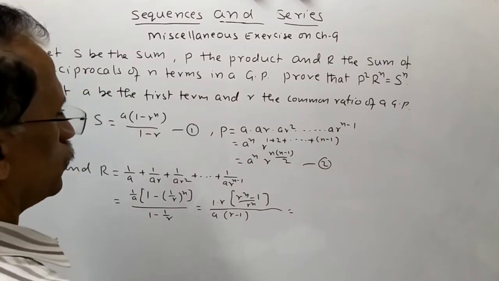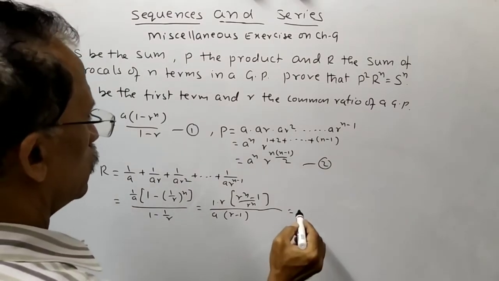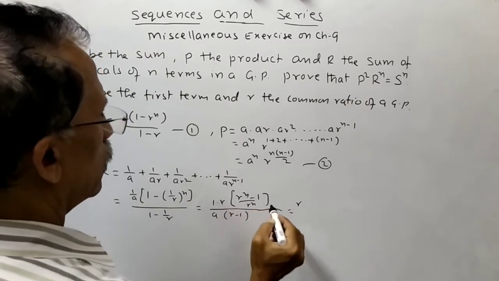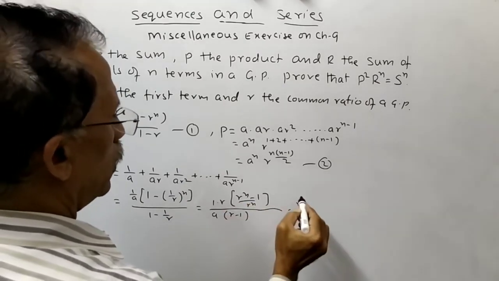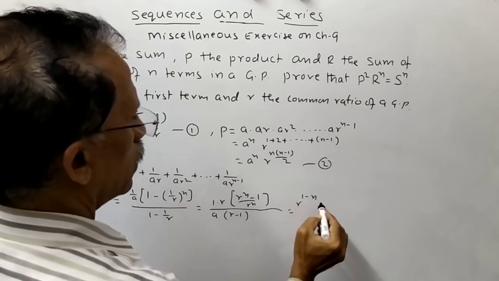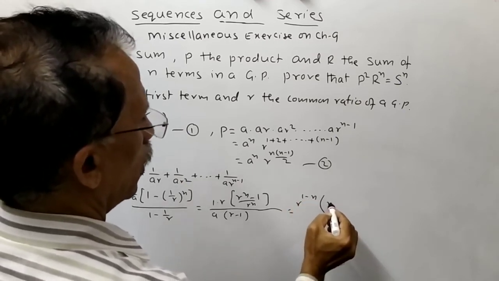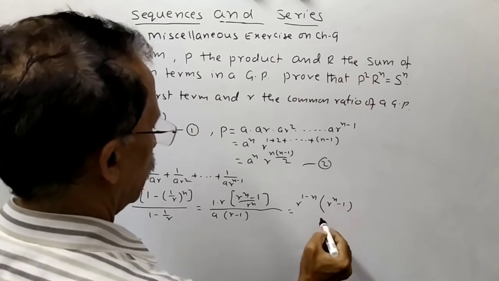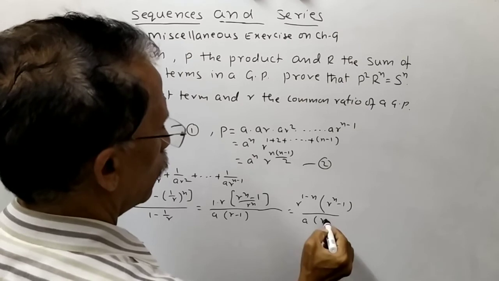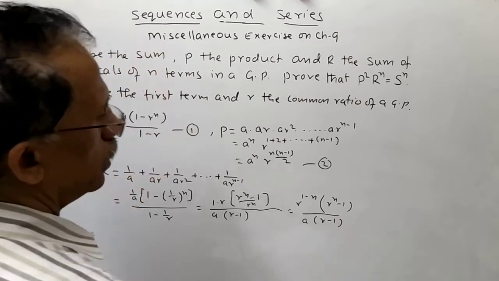This is equal to R raised to the power 1 minus n into R raised to the power n minus 1 divided by A into R minus 1.